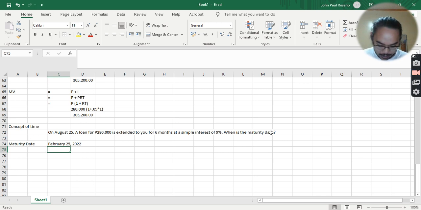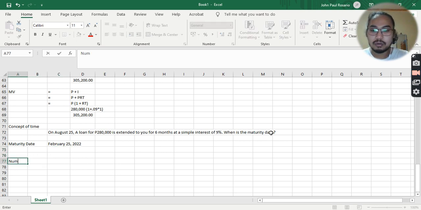The question then is, what if days are given to you? If days are given, we have to account for two different things in counting the length of time the money is borrowed.